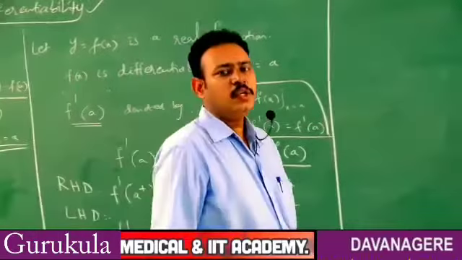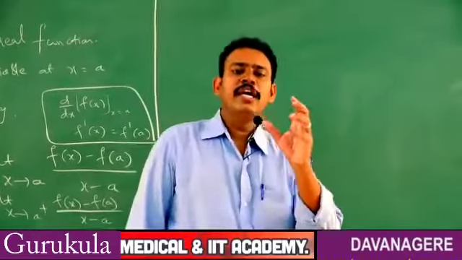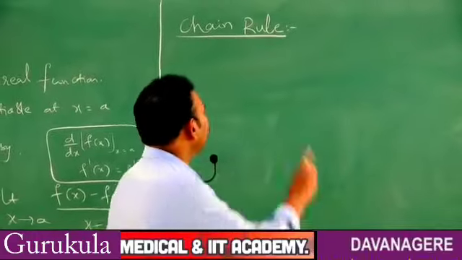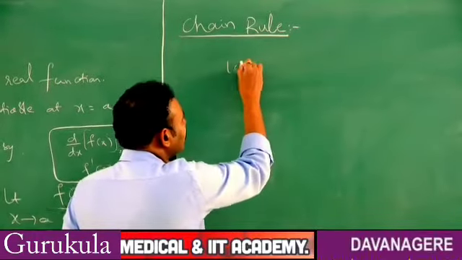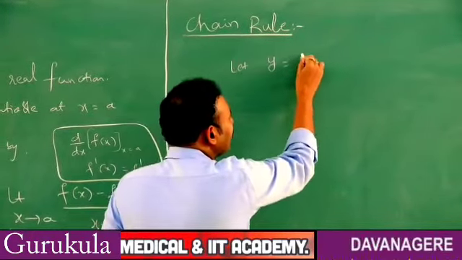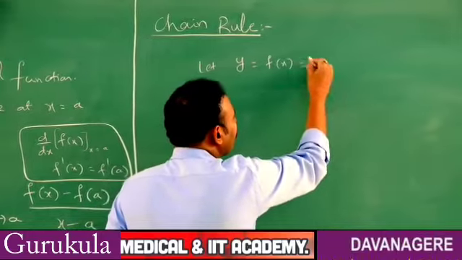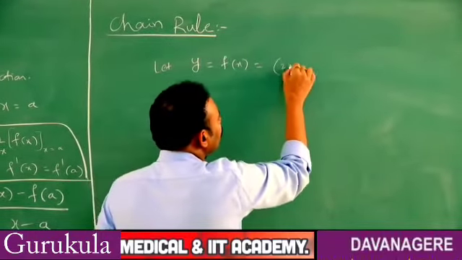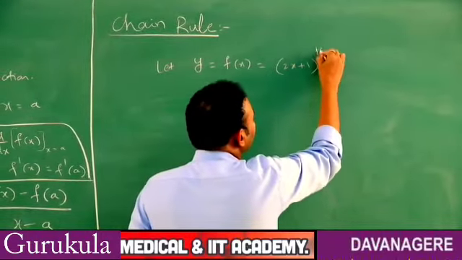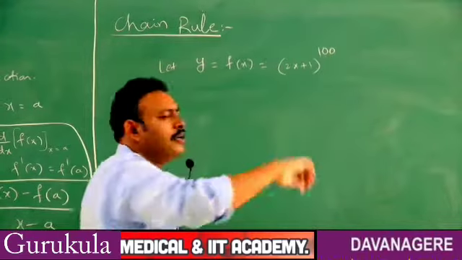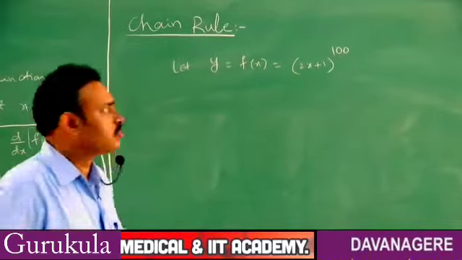Next, coming to differentiation, the chain rule concept. Let the function y is equal to f of x is equal to 2x plus 1 whole power 100, suppose.